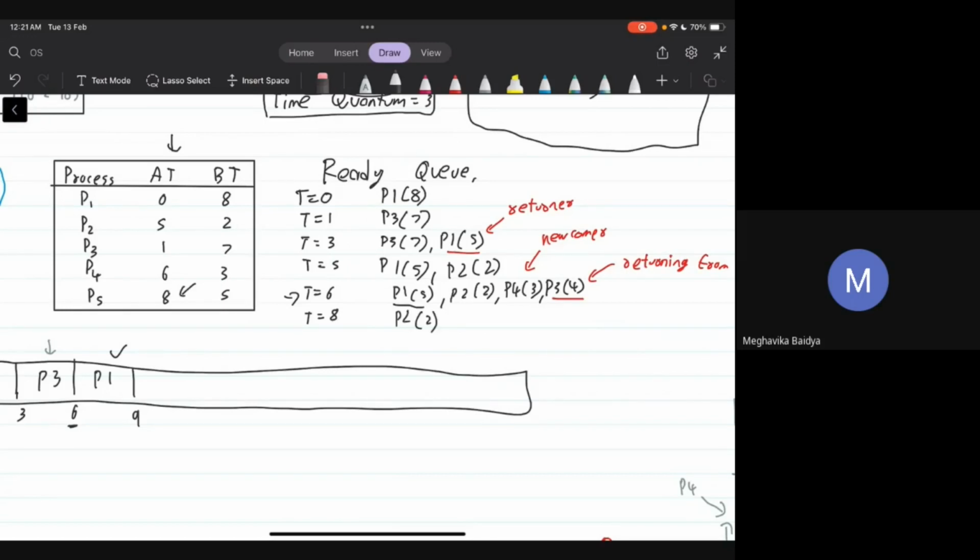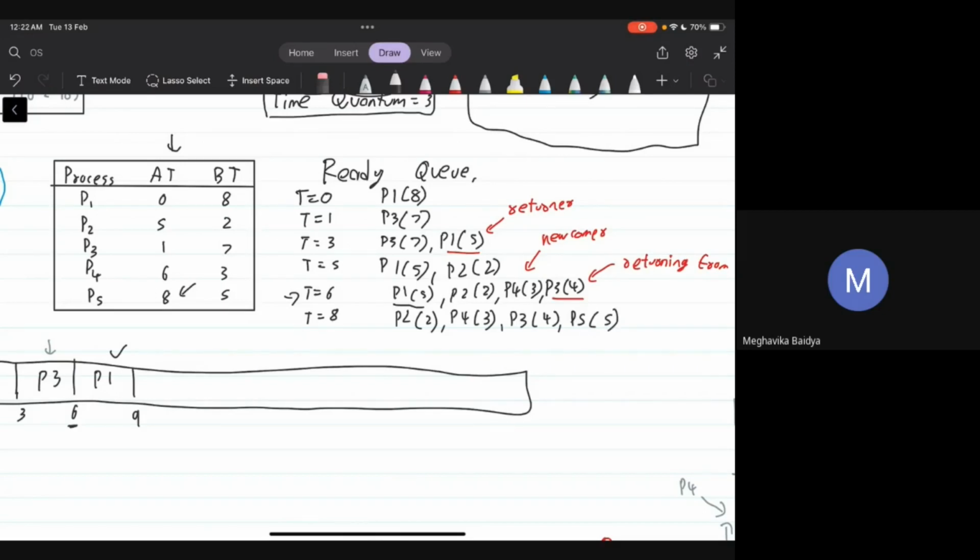So we'll write P2 with a burst time of 2. Then we have P4 with a burst time of 3, and then P3 with a burst time of 4. And then we have P5, which is the newcomer, with a burst time of 5.